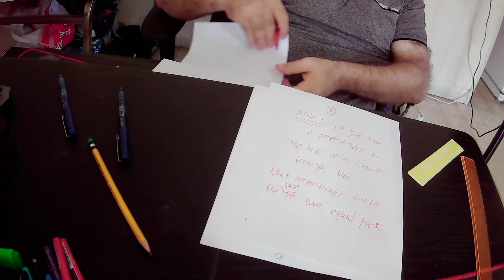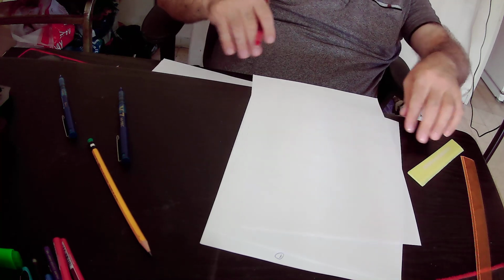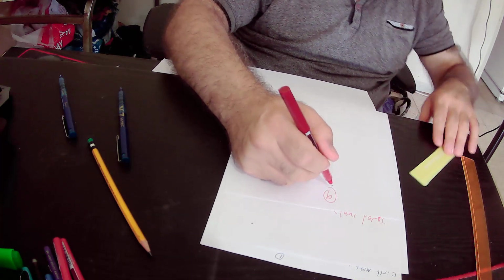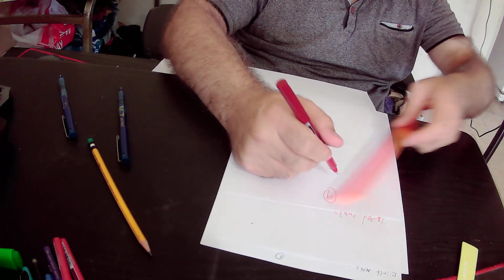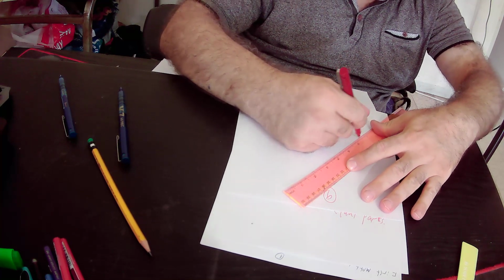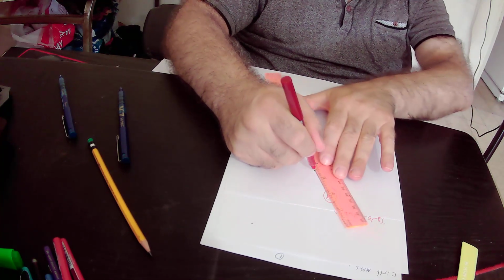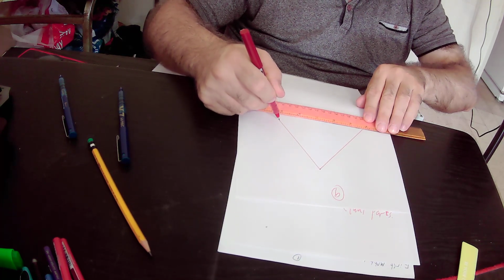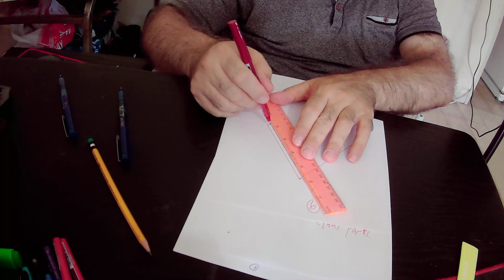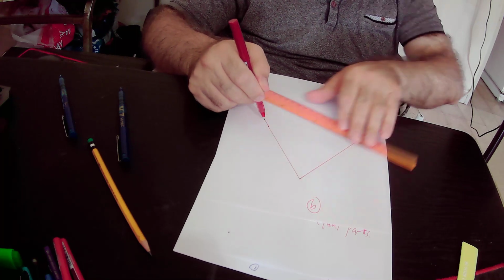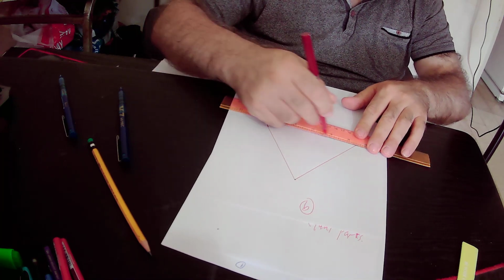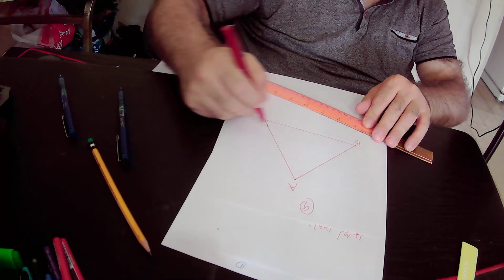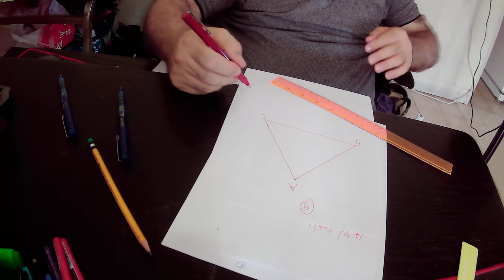So actually, we know the triangle ABC is an isosceles triangle.